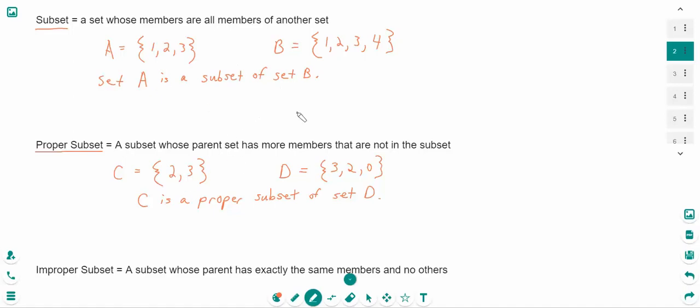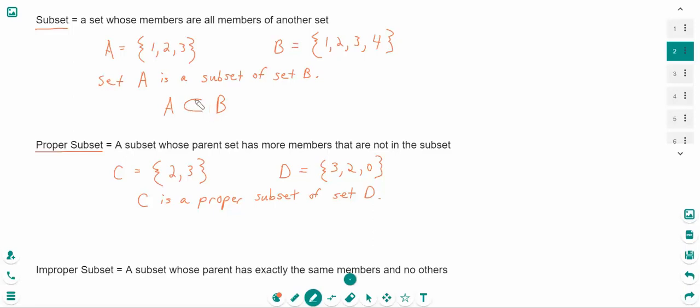Now, we do have some symbols, or a symbol, that we use to denote subsets. So here I wrote set A is a subset of set B. Another way to say this would be to go A is a subset of B. So it's kind of the sideways U shape.